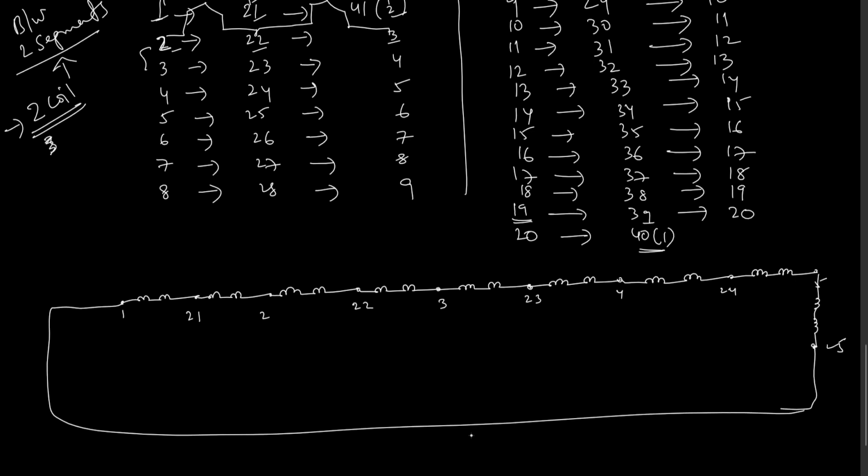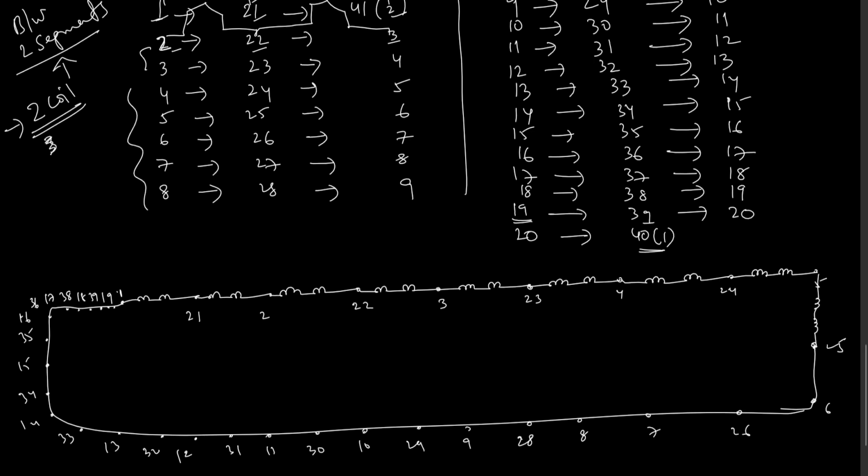From 25, then it is 6. Okay, so that is how the complete closed winding will be. I hope you have understood this connection. From the same numbering system I have developed this closed circuit.